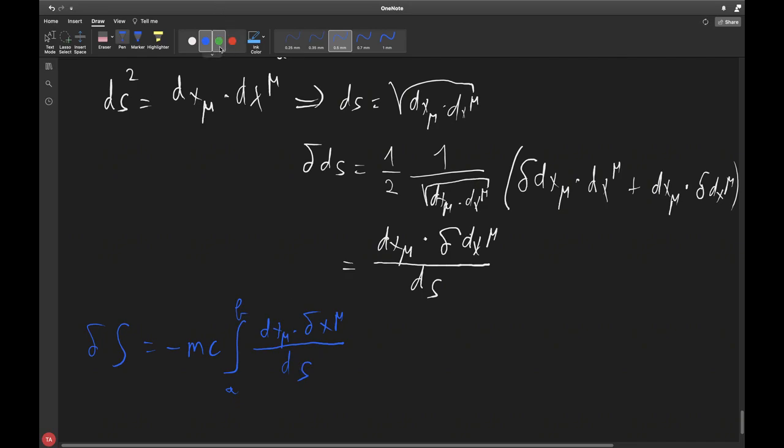Okay, you should note that this dx mu divided by the ds is the derivative of x, and that was our definition for the 4-velocity. This is u mu. So this is minus mc integral from a to b of u mu, and then we have the delta x mu in the top part.